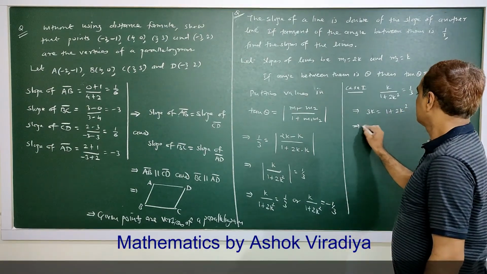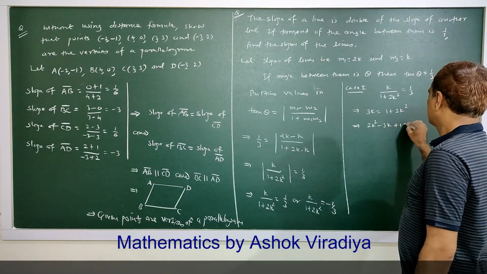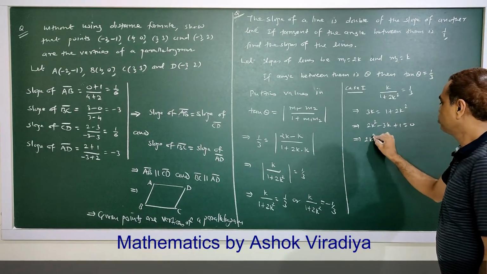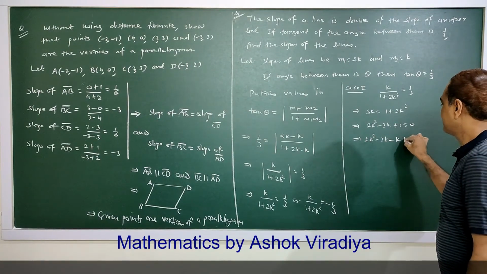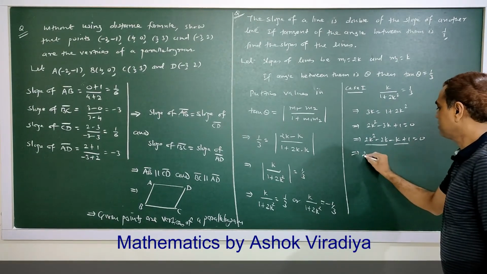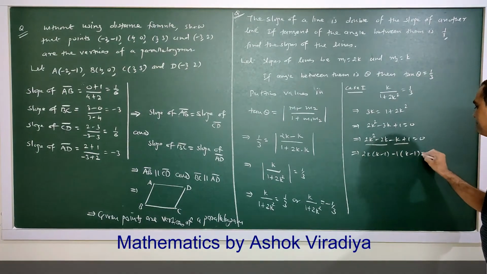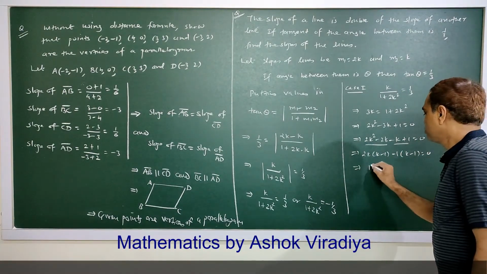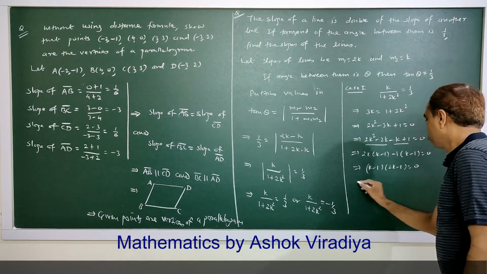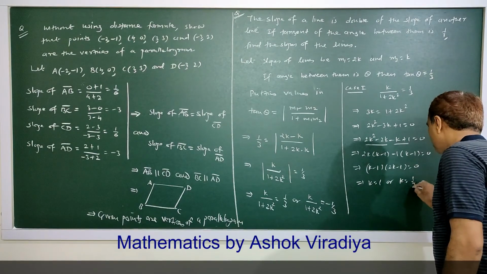That is 2k square minus 3k plus 1 is 0. That is 2k square minus 2k minus k plus 1 is 0. Now 2k is common, k minus 1 common. So (k minus 1)(2k minus 1) is 0. So k is 1 or k is 1/2.